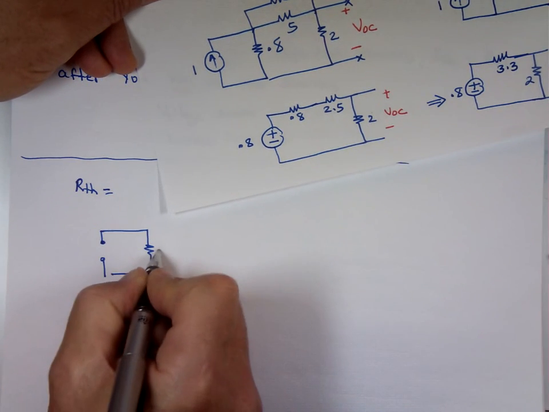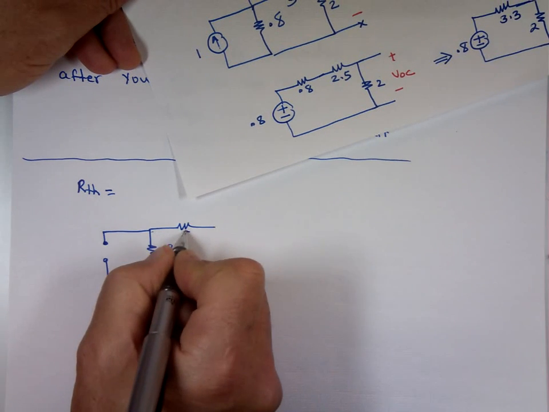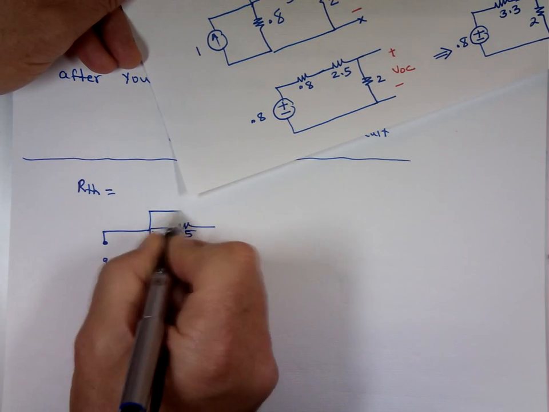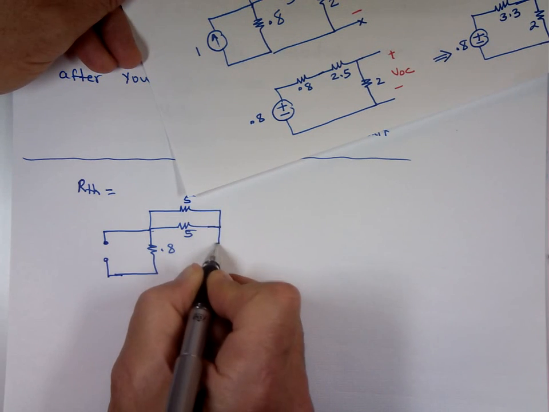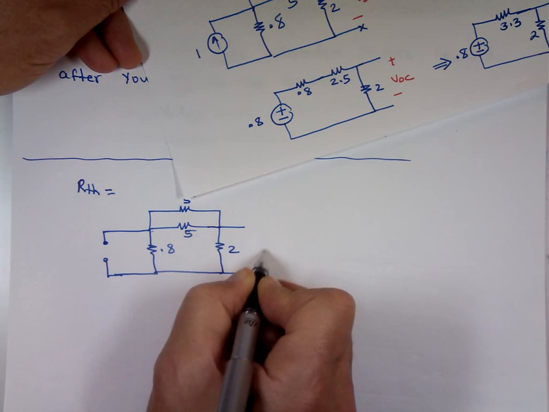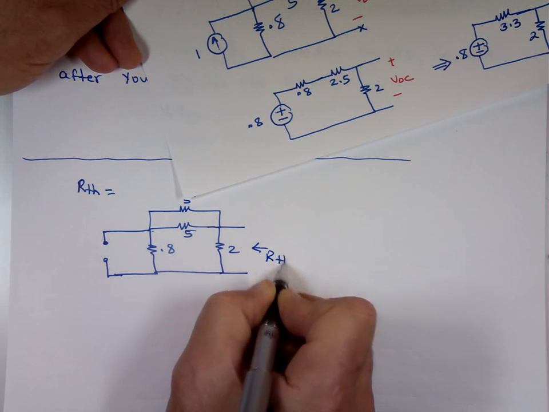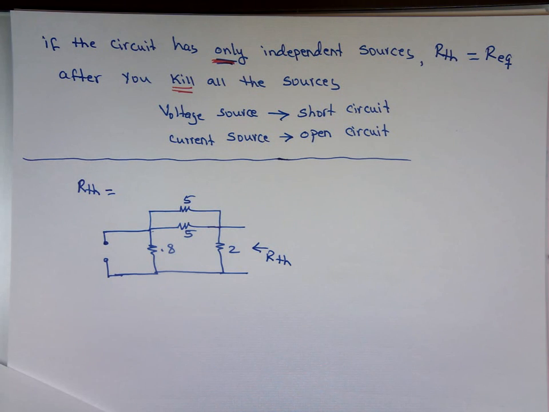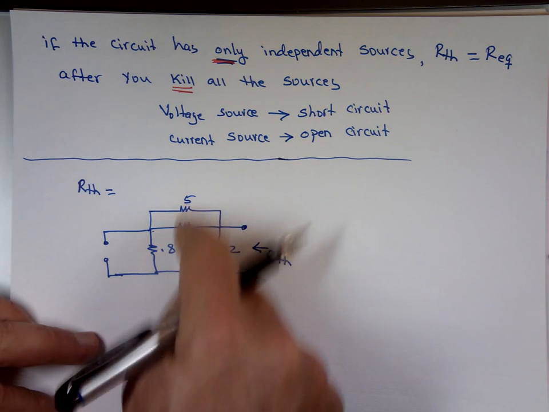0.8, 5, 5, 2, and this is looking back this way. What is R equivalent, which is R Thevenin? If I look back, what is that R? Looking back from this end. Again, I can take these two, put them together.